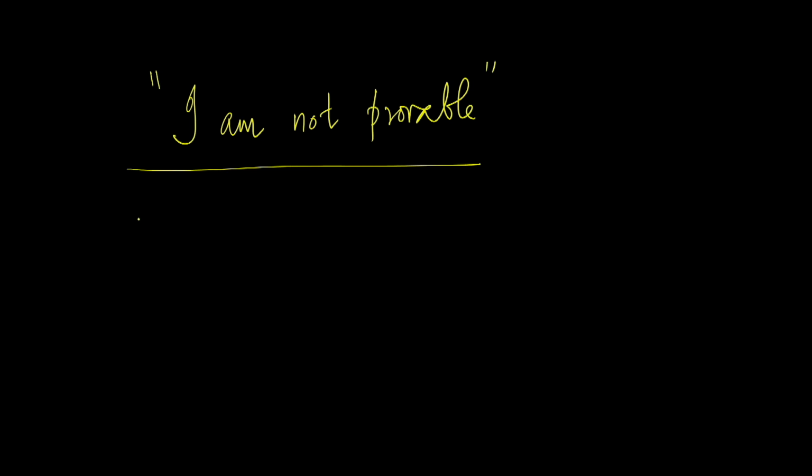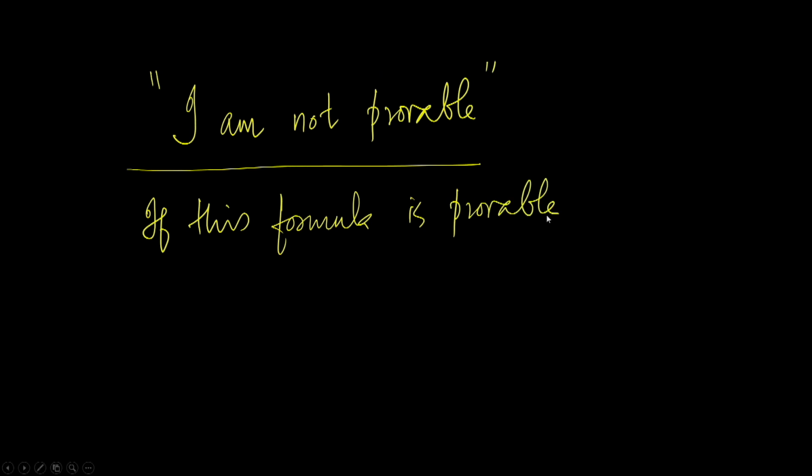Will this be provable? If this formula is provable, then by the soundness we know that it is a logical consequence, and therefore it is true. If this formula is provable, then it is true. But then what does the formula say? It asserts that there is no proof of this formula itself.